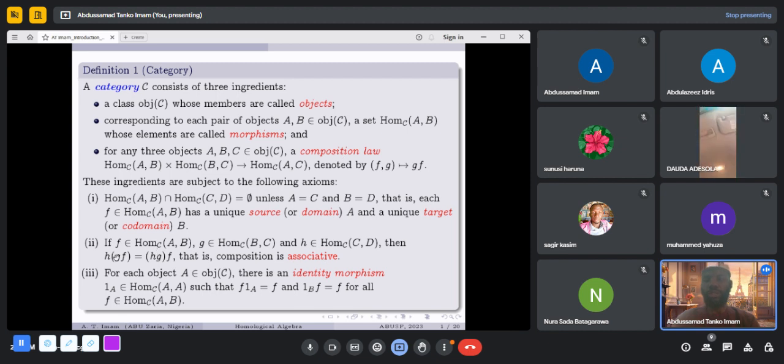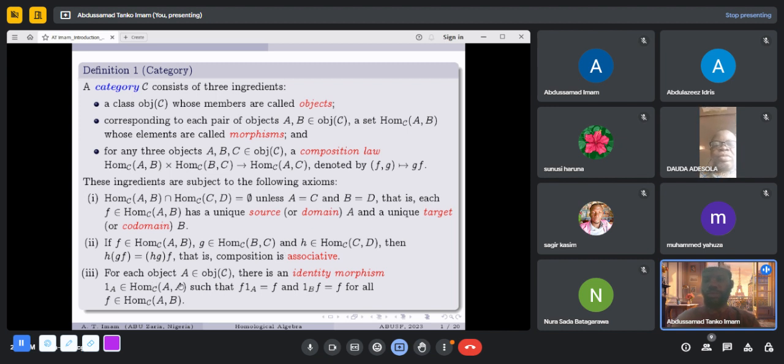If you have a morphism f from A to B, another morphism g from B to C, and a morphism h from C to D, then the compositions h(gf) and (hg)f, first composing g with f and then composing h with g first, are all defined, and the requirement is that they must be equal. So h(gf) must be equal to (hg)f. This is the associativity law for the composition of morphisms.